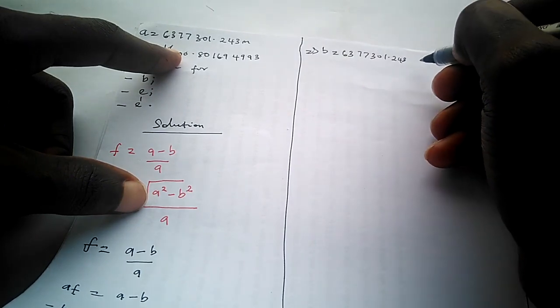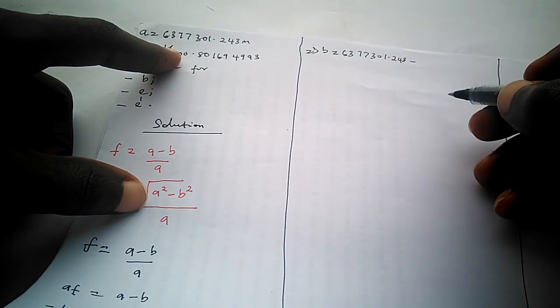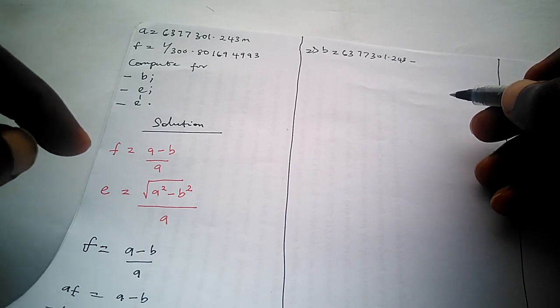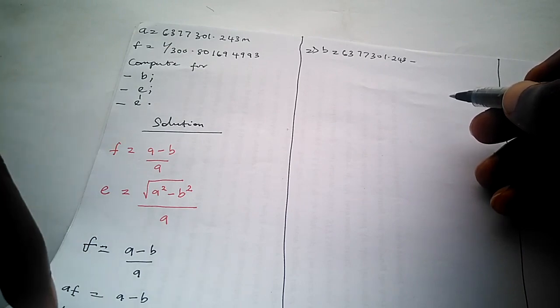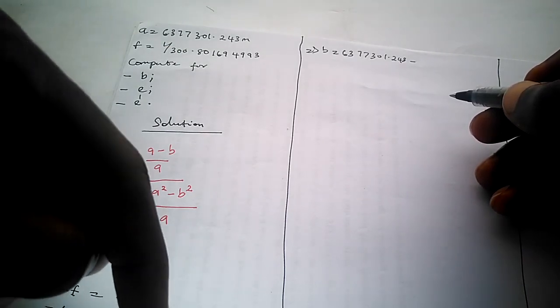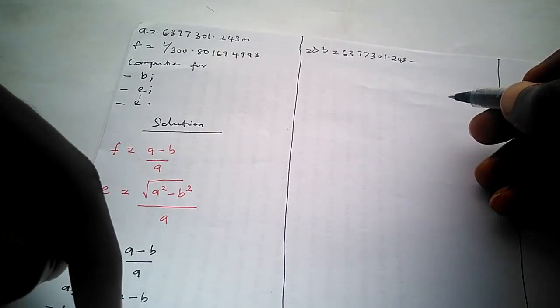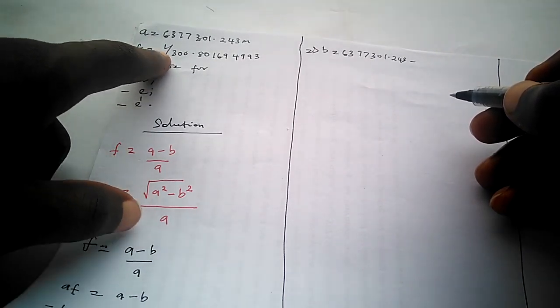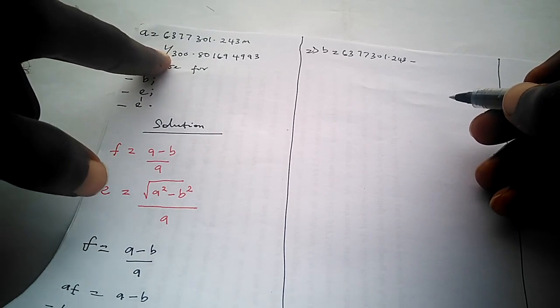6377301.243 minus AF. Now this AF is just like the product of A and F. So if we want to get the product of A and F, F has a numerator of 1.